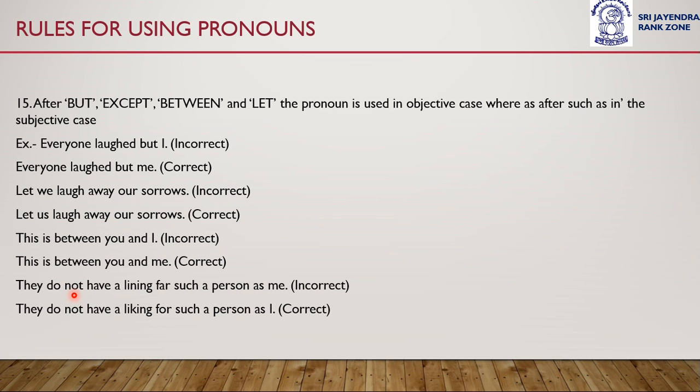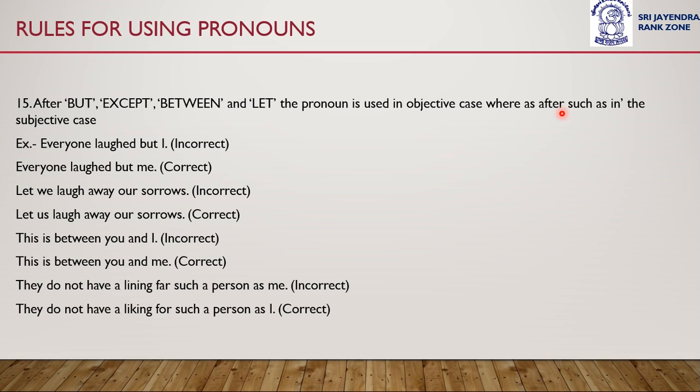Let us move on to rule number 15. After but, except, between, and let, the pronoun is used in the objective case, whereas after such as, the pronoun is used in the subjective case.